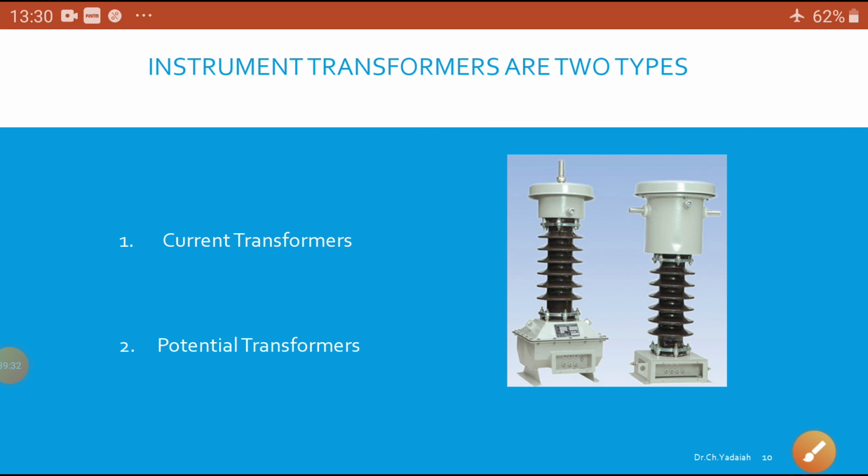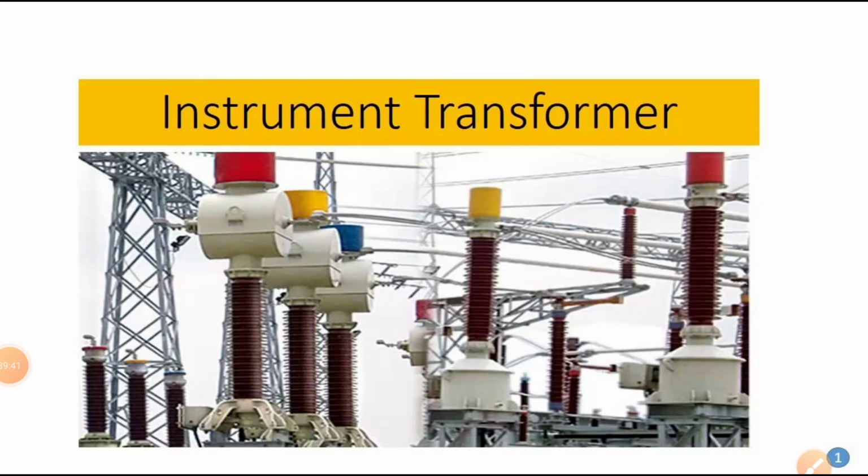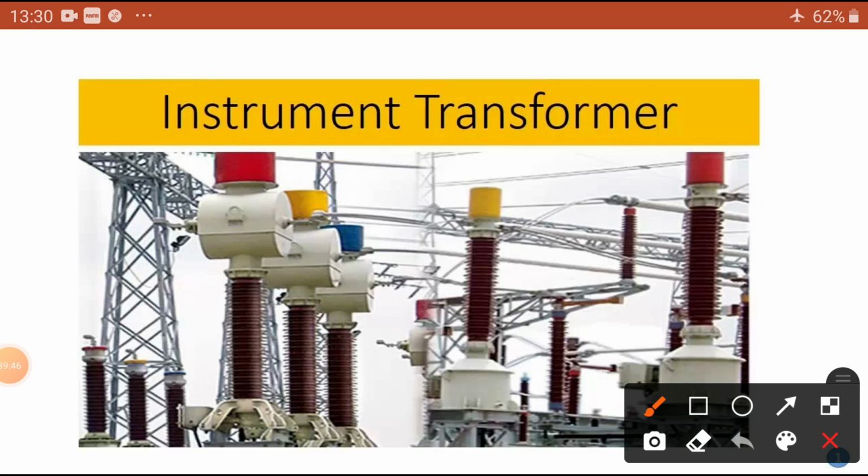Okay, we will see how these instrument transformers are connected in our HT substation. You can see at a glance, instrument transformers. Now, in this case, these all are R phase, B phase and Y phase. These are the PTs. Okay, high voltage PTs. Now these R phase, Y phase, B phase, these are the CTs.